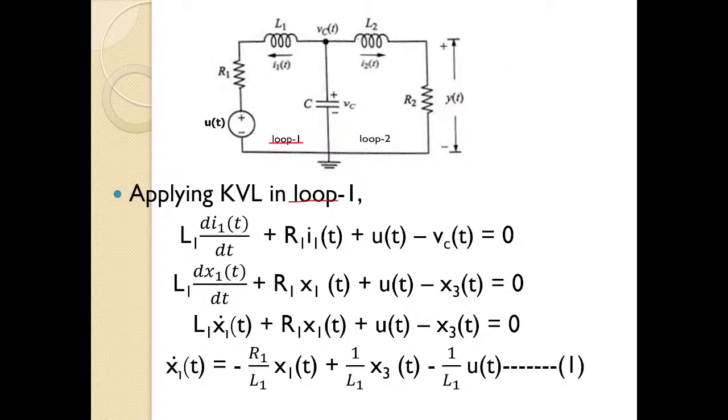Now let us apply KVL in loop 1. Here the input is u of t. These three elements are in one branch and this element is in another branch.